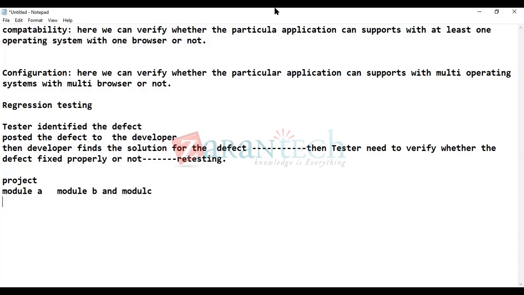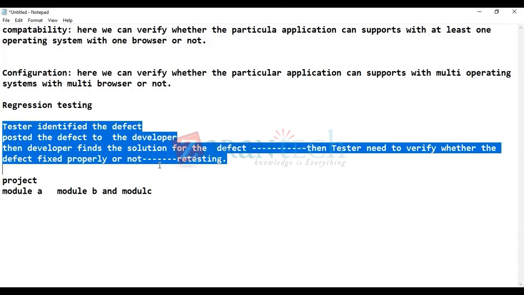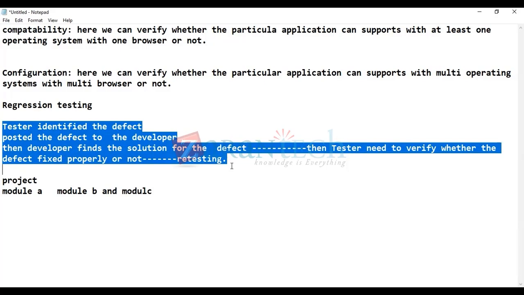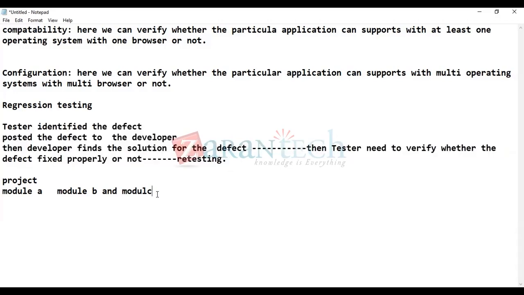This process is required for module A, module B, and module C. It is quite common.